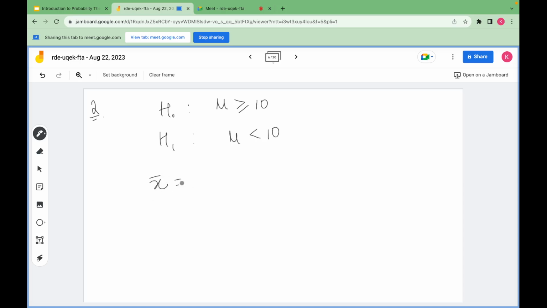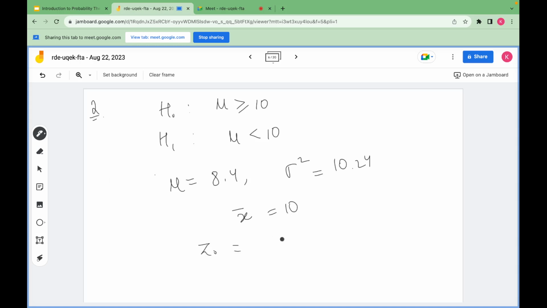Now we are given mu equal to 8.4, sigma square equal to 10.24, and we need to check whether this sample mean is less than 10. To calculate our test statistic, we take x bar equal to 10.